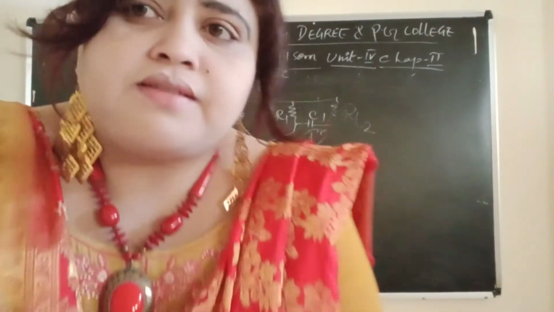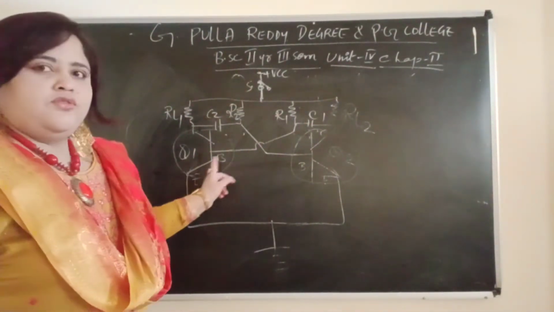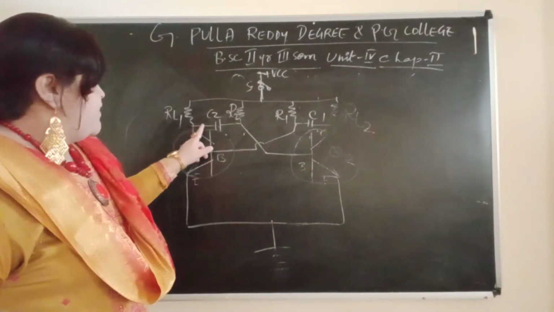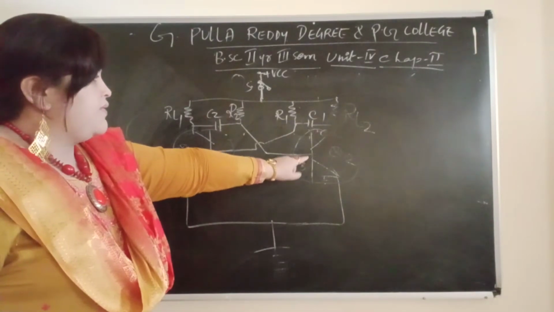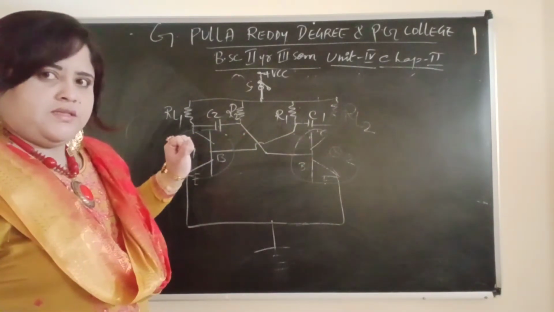Now we are going to see once more the circuit diagram of the astable multivibrator. It consists of two transistors, Q1 and Q2. The output of the first goes as an input to the second, and the output of the second goes as an input to the first.